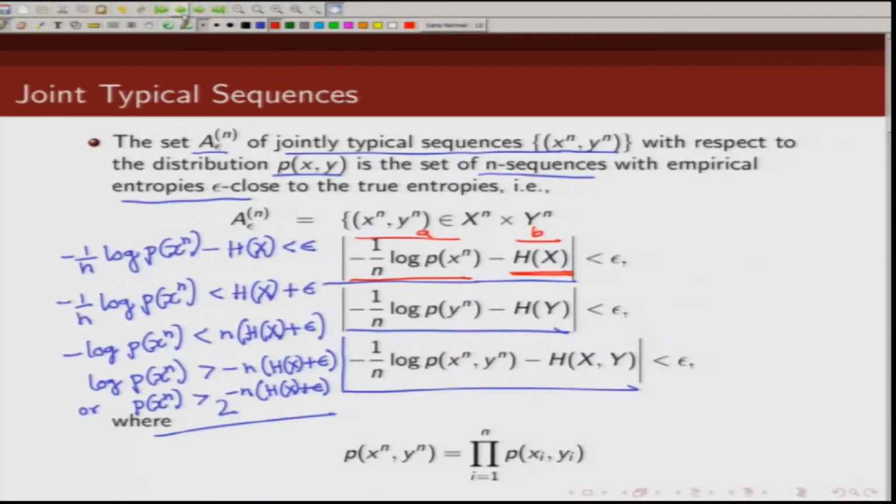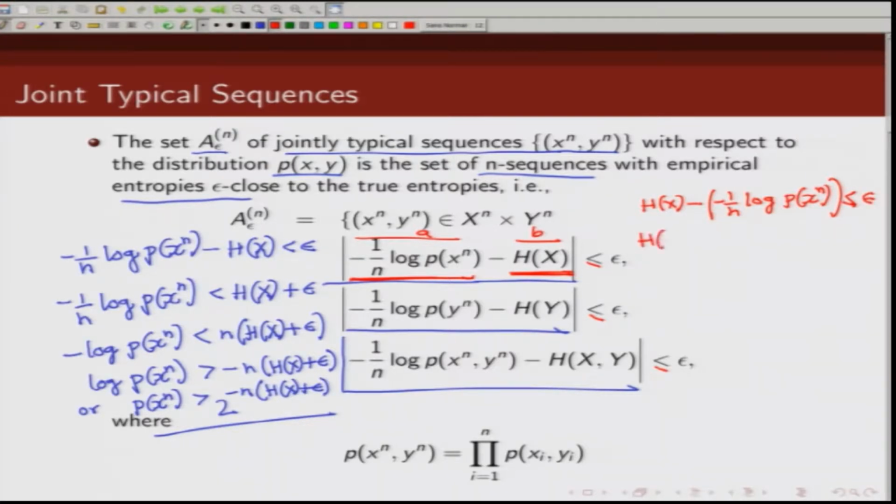So let us go back and look at this. Let us say this is my A and this is B. Now if B is greater than A, then I will write this as B minus A is less than or equal to epsilon. So H of x minus minus 1 by n log of P of x^n has to be less than or equal to epsilon.